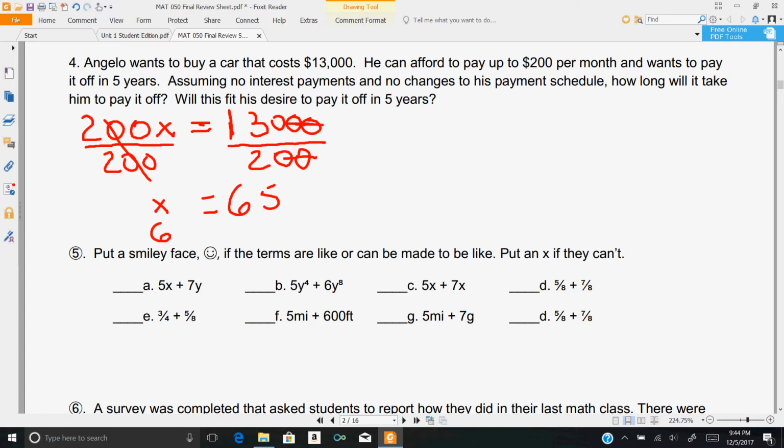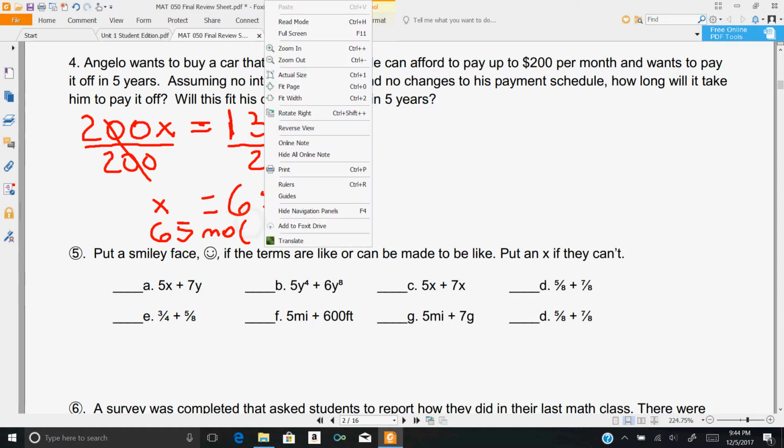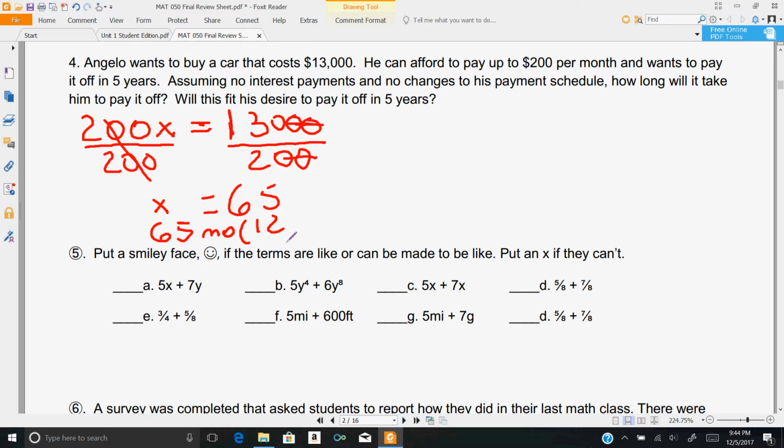I'm going to take that 65 now and divide it by 12 to see how many years, because there's 65 months. I'm going to multiply that by 1 over 12 months, or 1 year per 12 months.